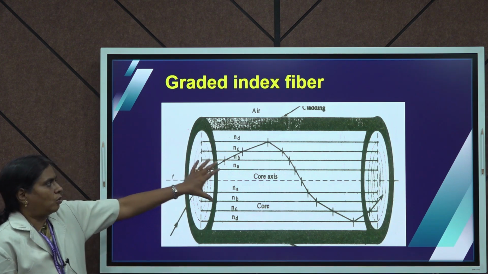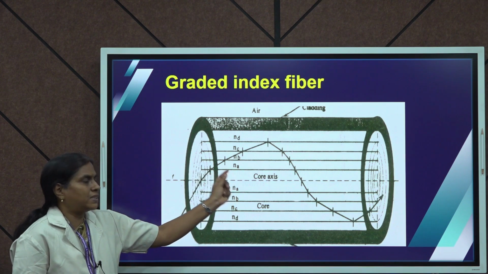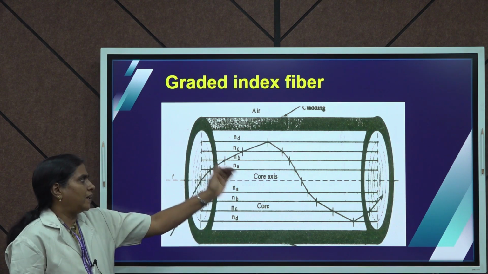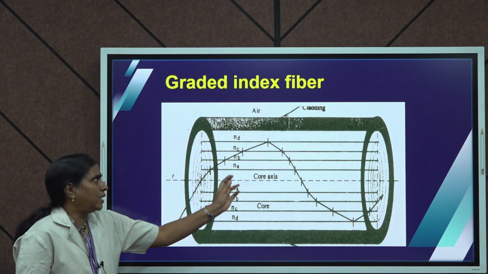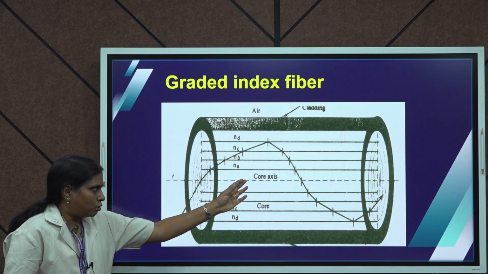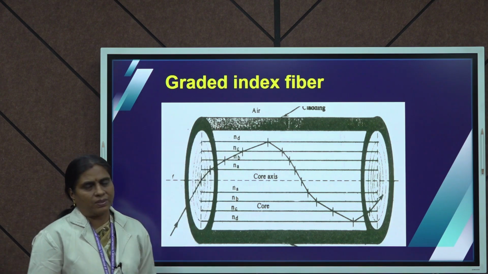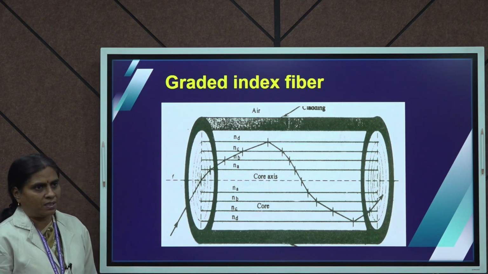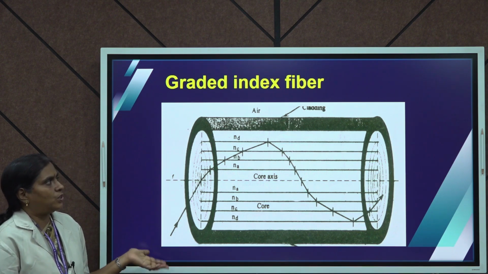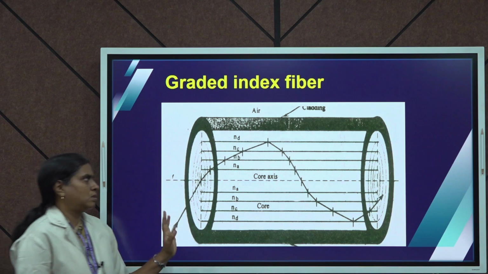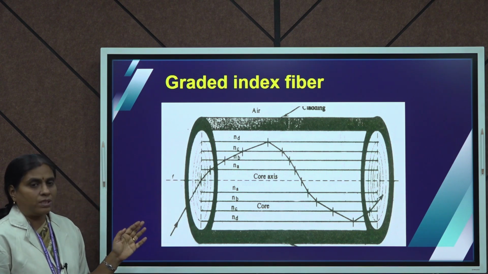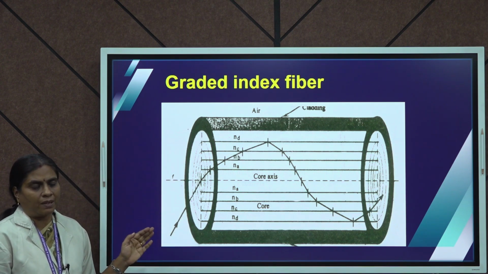Here within the core the refractive index varies layer by layer. It gradually increases when it approaches the core center and gradually decreases when it approaches the cladding. That is the basic difference. So, light can be sent efficiently through this optical fiber. So, these are the different types of optical fiber.